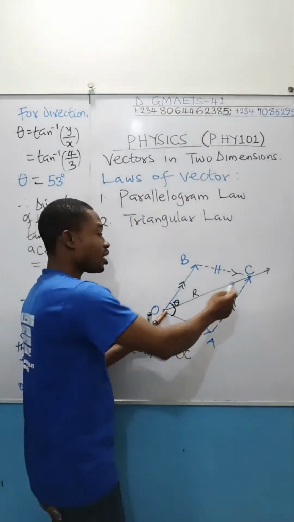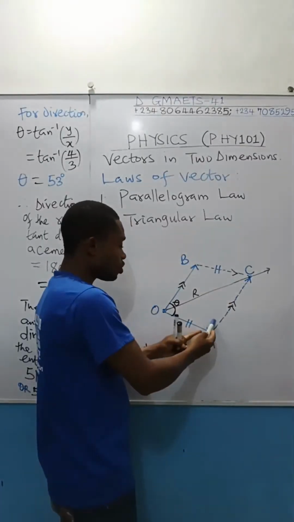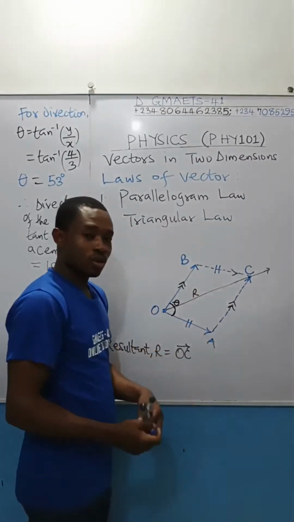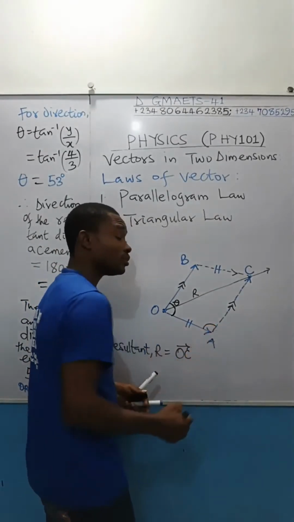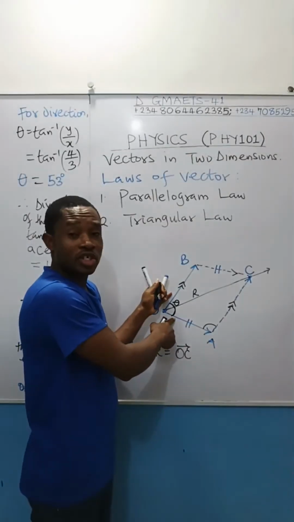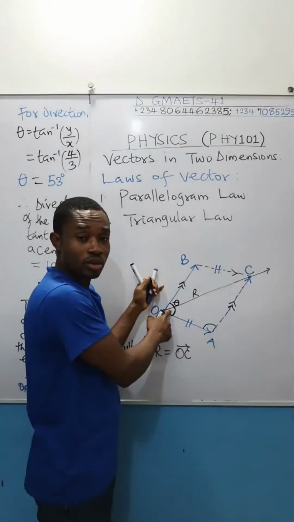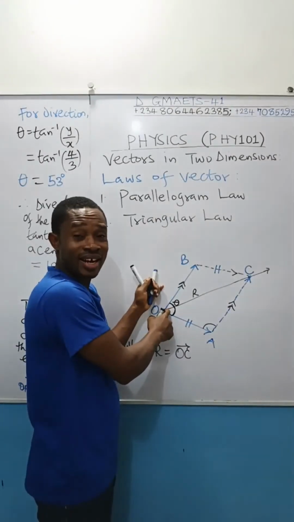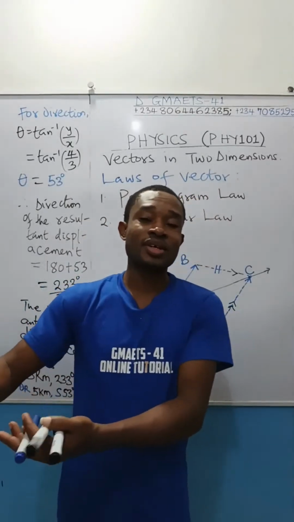Opposite angles are equal. The angle here and the angle here are equal. Now, I want you to know the value of the angle at this point. This angle theta, where the two vectors intersect, is acute, less than 90, as you're seeing it. That's the only difference between parallelogram law and Pythagoras theorem.